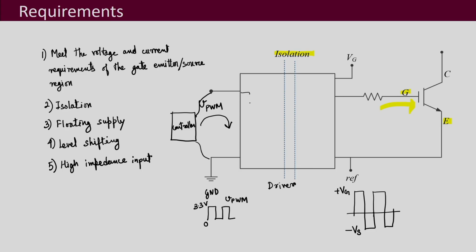So the resistance that we see over here should be high enough. At the same time, the output side should be able to provide whatever gate current or gate to emitter voltage is required. So, low impedance output and high impedance input, that is what the driver should provide.